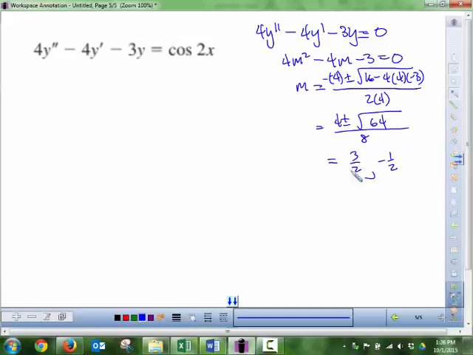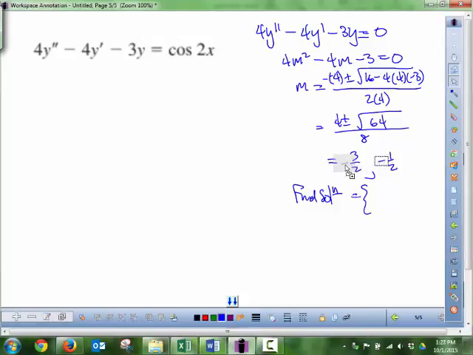Okay, so we can build our fundamental solution set. Right, negative, negative.